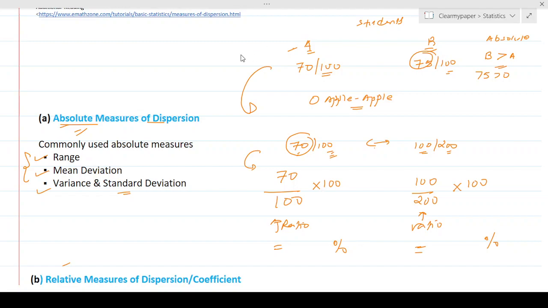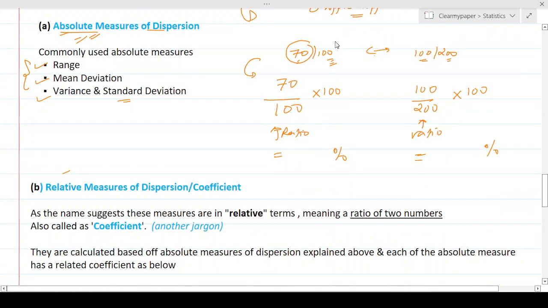In the first case where we're talking about just absolute numbers for the same denominator, both the exams are for 100 marks, we realize that student B has a better mark than student A. But let's see what happens here. When we compare this in percentage over here, student A has 70% because 70 on 100, this gets cancelled and this becomes 70. And over here, if we calculate, this becomes 50 because 100 out of 200 is exactly 50%.